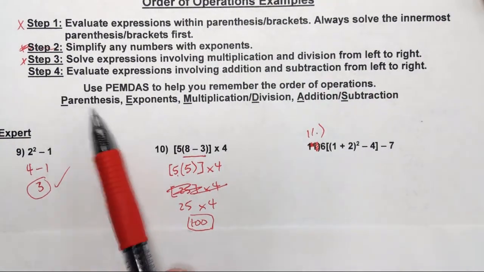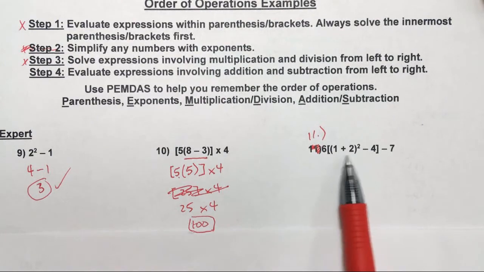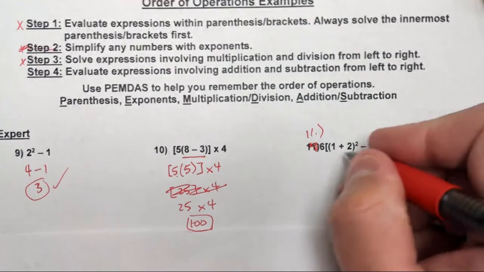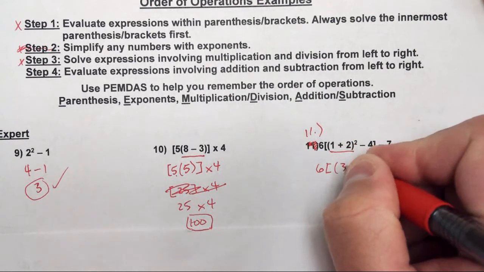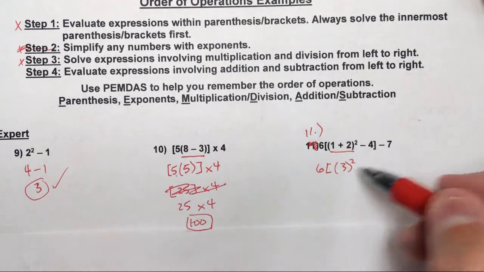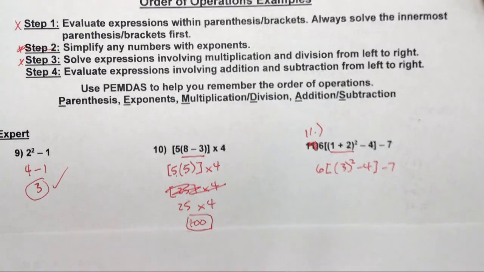So again, we're going to deal with parentheses first. We're going to simplify any expressions dealing with parentheses. So I need to simplify this expression first. This expression becomes a 3, right? So 1 plus 2 is 3. So I just simplified one thing there.